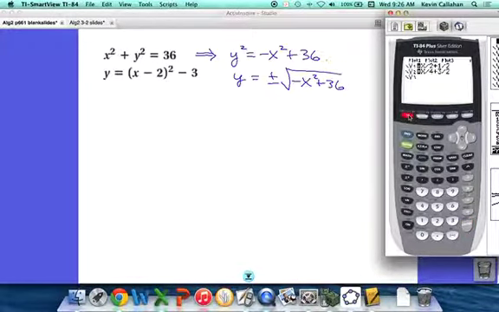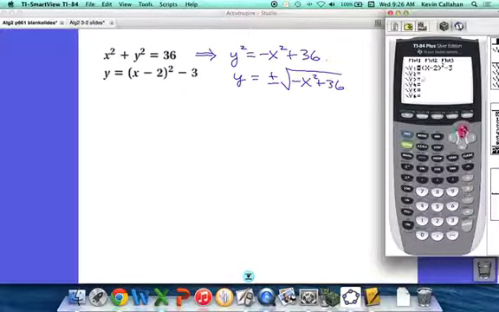This is what it looks like. The first one, I'll put in y equals x minus 2 squared minus 3, enter. Oh, that's wrong.